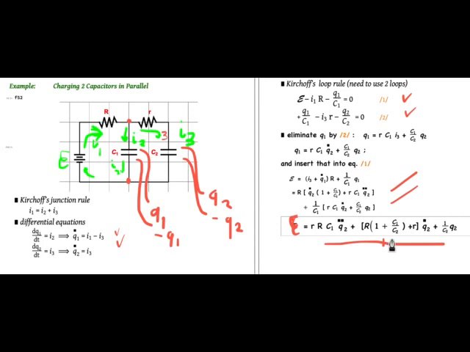It's a second order differential equation because it involves the second derivative with respect to time. This is a little more involved than charging a single capacitor because I have a more complicated differential equation to solve.